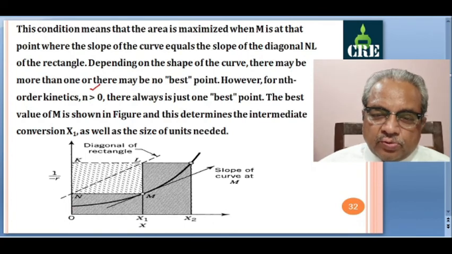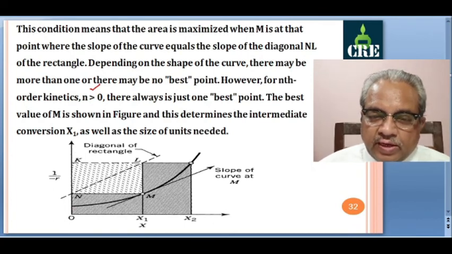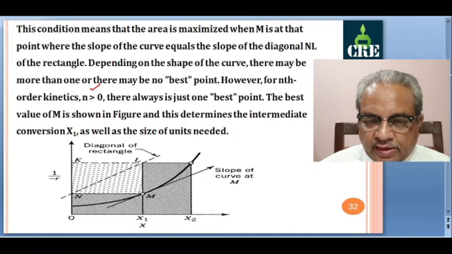Now you can see this curve as we have seen the previous curve. This area is to be maximized. So you go on testing different points and then you come across this point. Here you can see this diagonal of this rectangle and this area at this point.